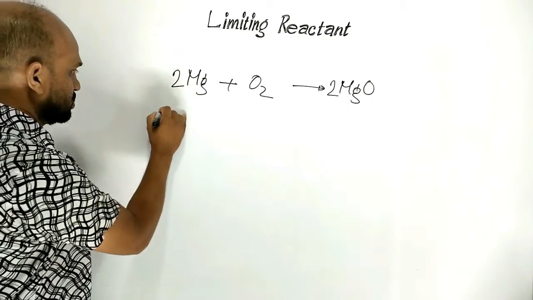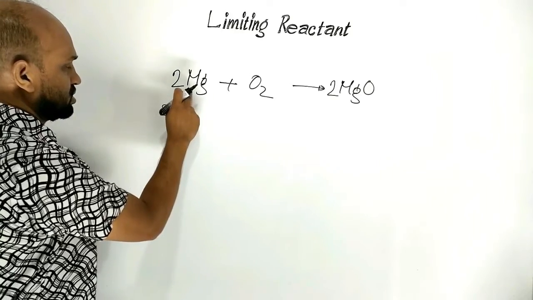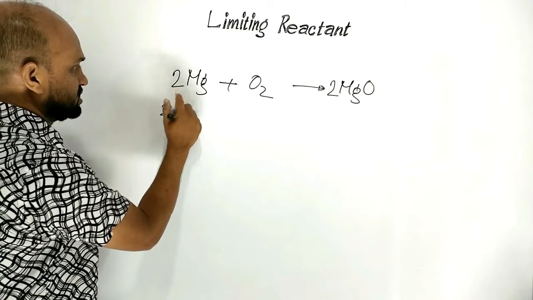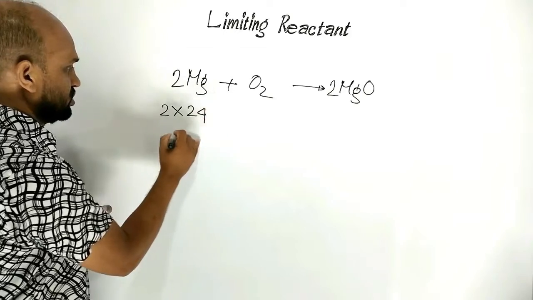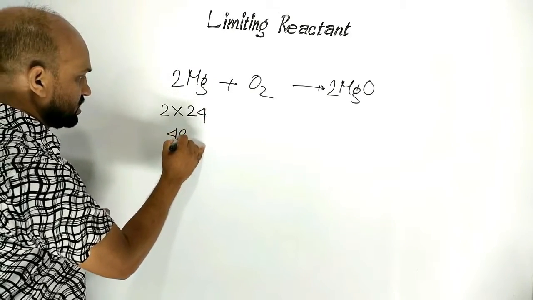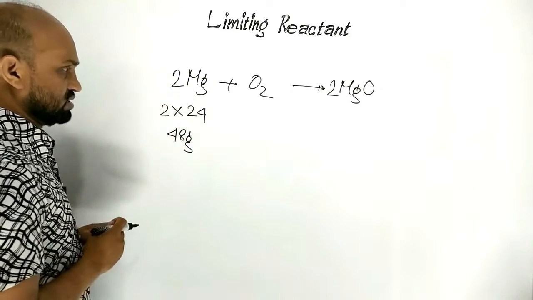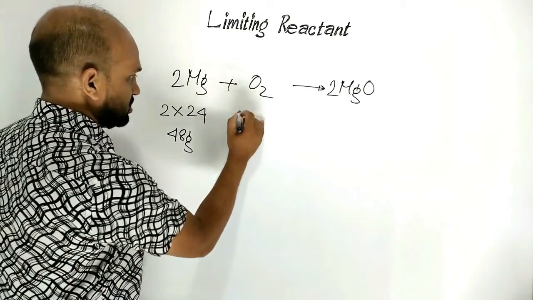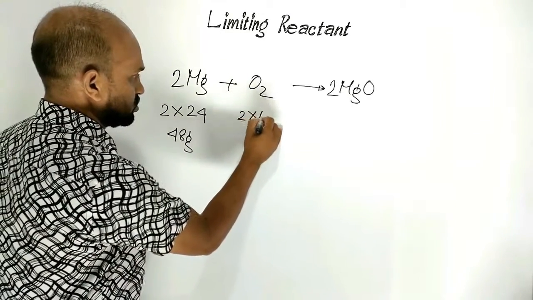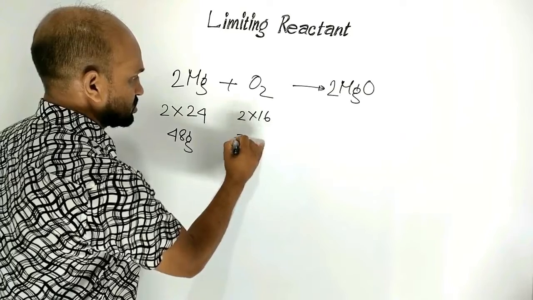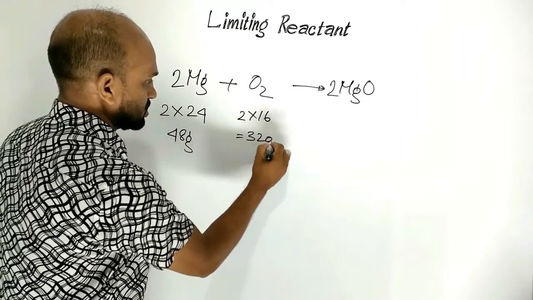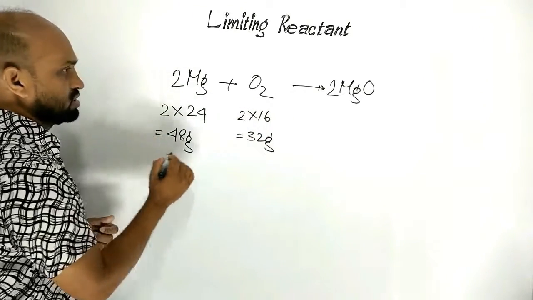Here, 2 into the gram atomic mass of magnesium, which is 24, so here 48 gram of magnesium. Oxygen, 2 into 16, so 32 gram of oxygen.